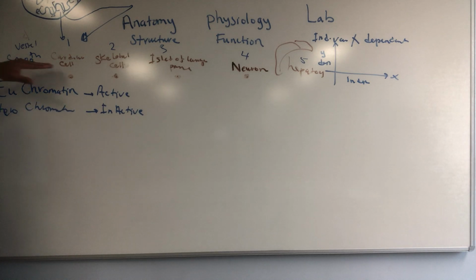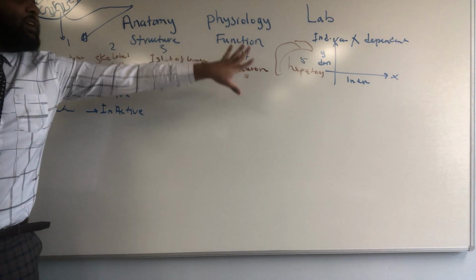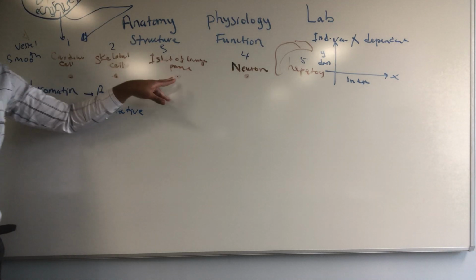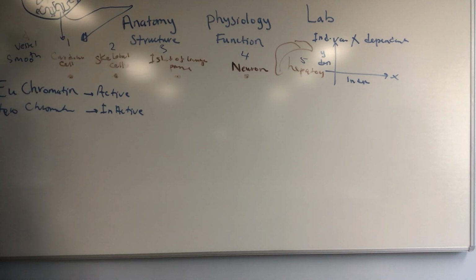So, in a cardiac muscle cell, the region of the DNA that gives it its identity is the euchromatin. All the DNA of the other cells is now heterochromatin. In the next cell, the islet of Langerhans, the region of the DNA that gives it its identity is the euchromatin, and the rest is heterochromatin.